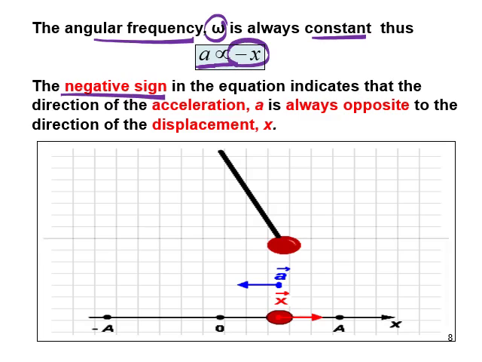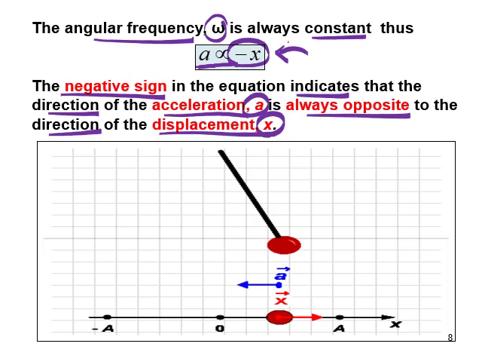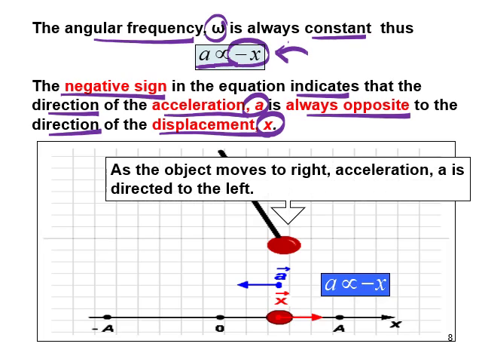The negative sign in this equation indicates that the direction of the acceleration a is always opposite to the direction of the displacement x. The diagram below shows that a simple pendulum moves to the right.